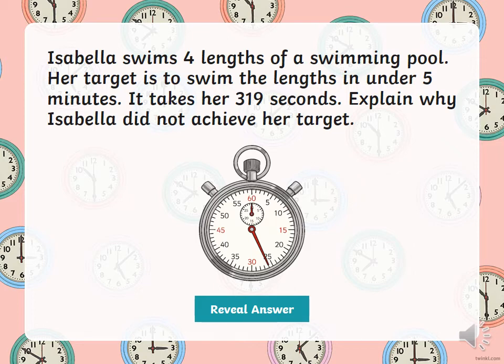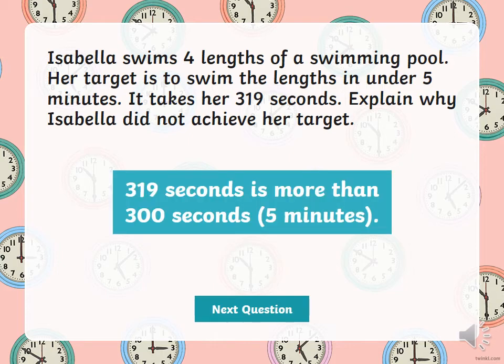If you know how many seconds are in a minute, that should help you work out how many minutes 319 seconds are. Using that information, try to figure out the answer. Pause the video before I reveal the answer. Well done. 319 seconds is more than 300 seconds, which is 5 minutes.